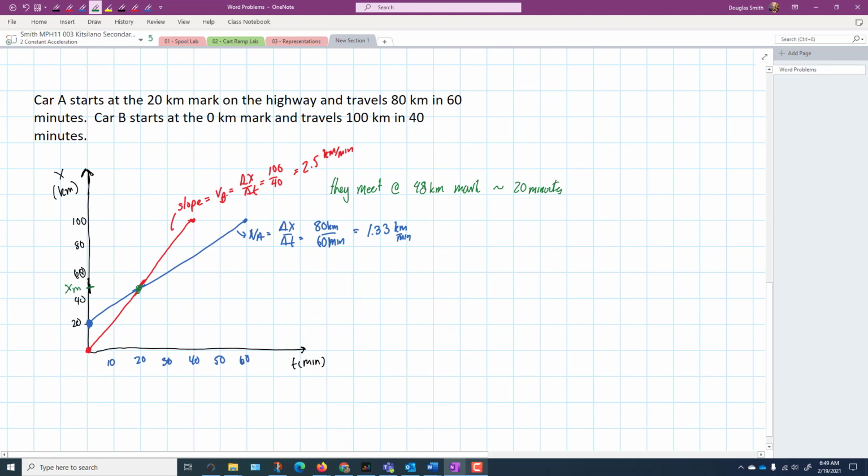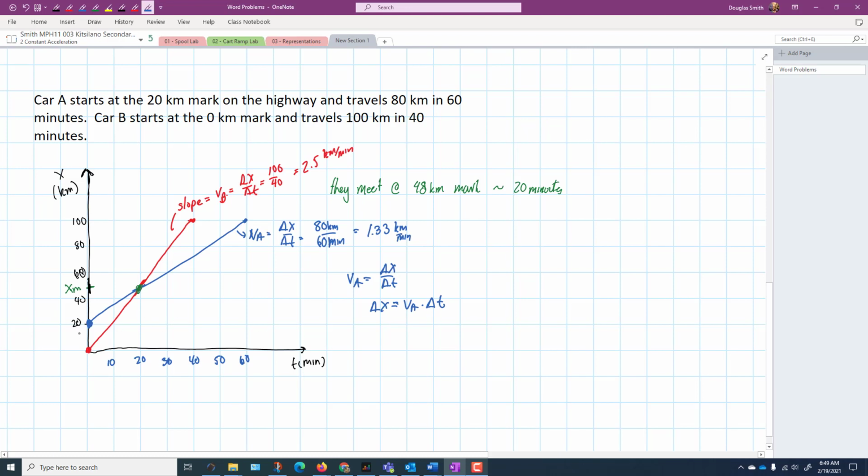Okay, at some point they meet here, and that's XM. I'm going to call that XM meeting point. So we could try to figure out what that point is. There's a few things we know. We could say for car A, VA is equal to delta x over delta t. So that means delta x is equal to VA delta t.